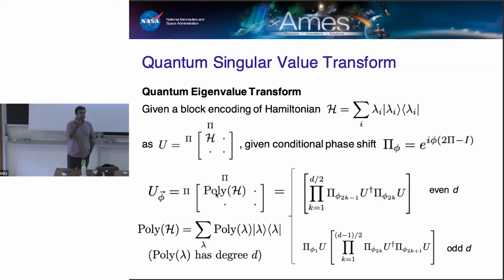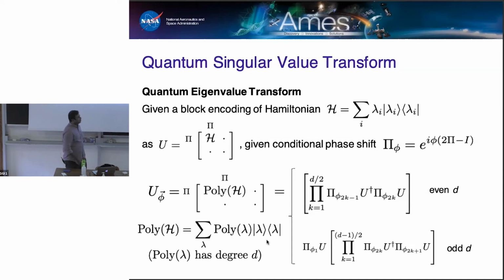Functions of operators are in general defined as a function of the eigenvalues of that operator, written in the basis in which that operator is diagonal. This is why we call it the eigenvalue transformation, because it's transforming the eigenvalues.